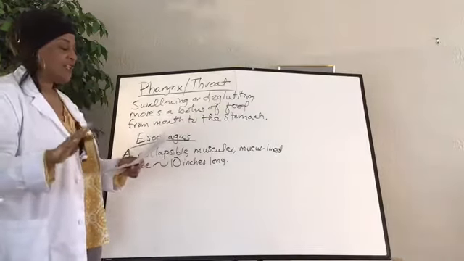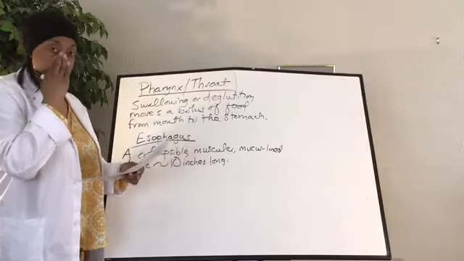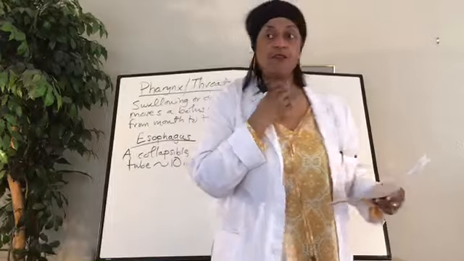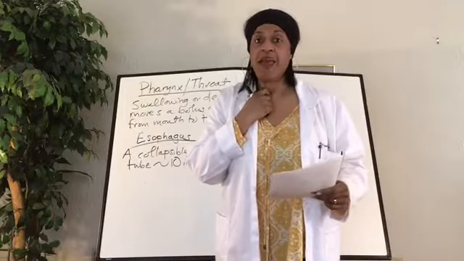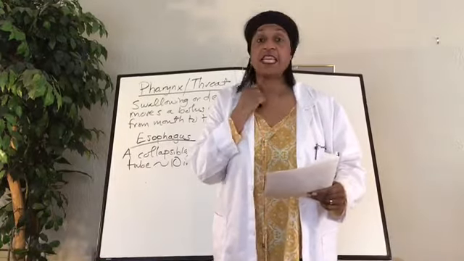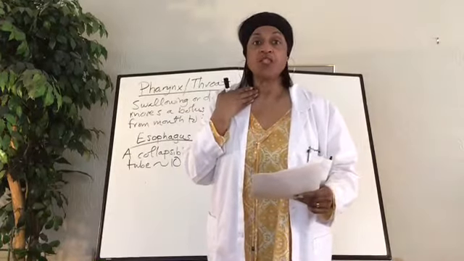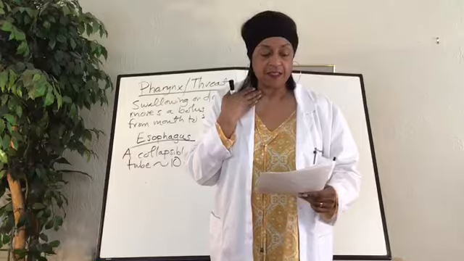The esophagus is posterior to the trachea, so the trachea sits anterior. That's good, so if you ever need a breathing passageway, it's easy to get to because the trachea is anterior. And just behind the trachea, posteriorly, is the esophagus.